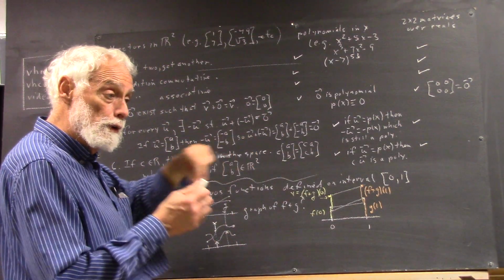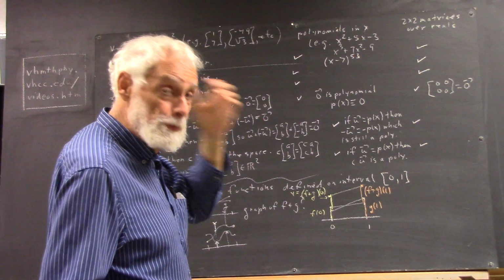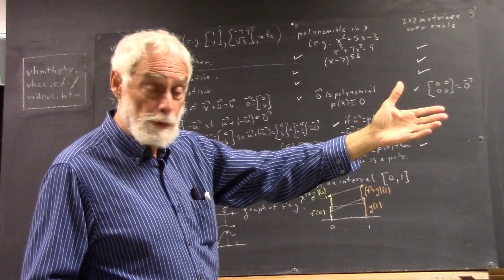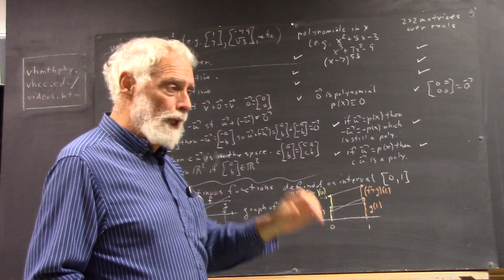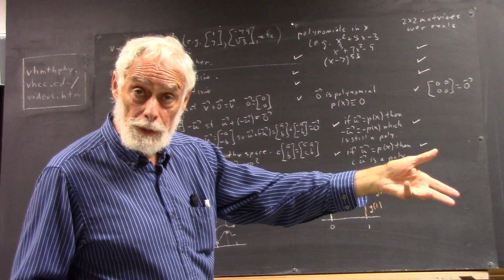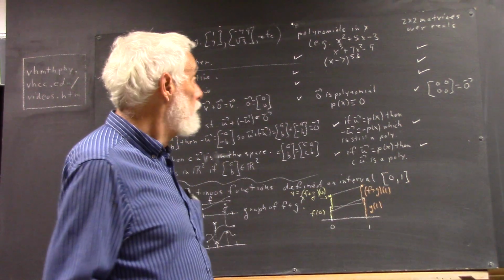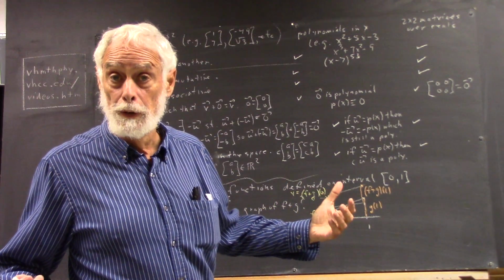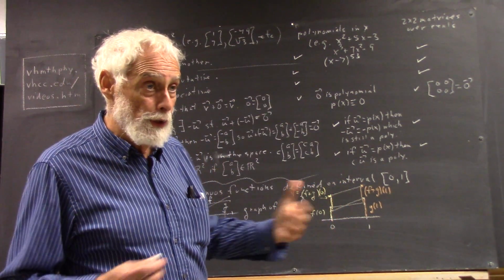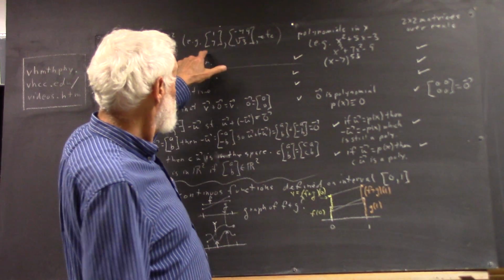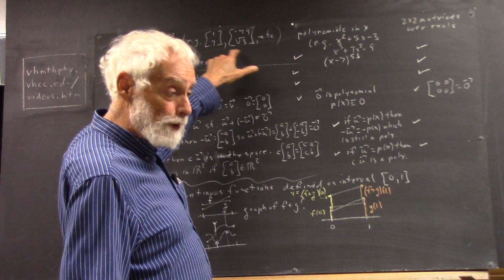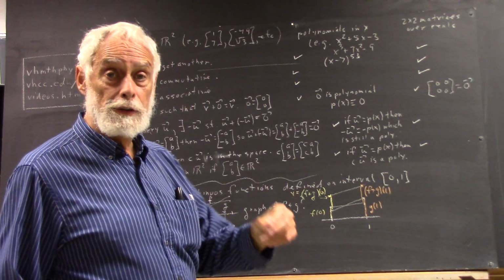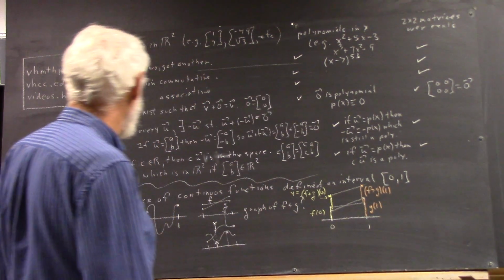If I reverse the order of addition, well, again, I'm just adding the numbers in the first row to get my number in the first row for my sum, adding the numbers in the second row to get the number in the second row of my sum, and addition of real numbers is commutative. So that addition of vectors in R2 is commutative, because addition of real numbers is commutative.